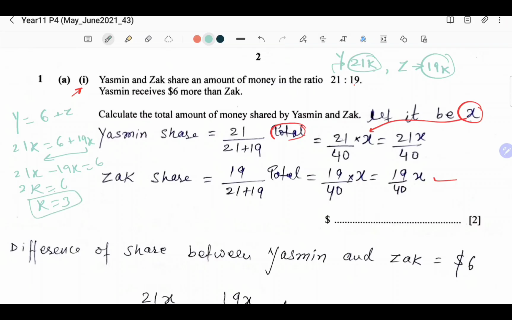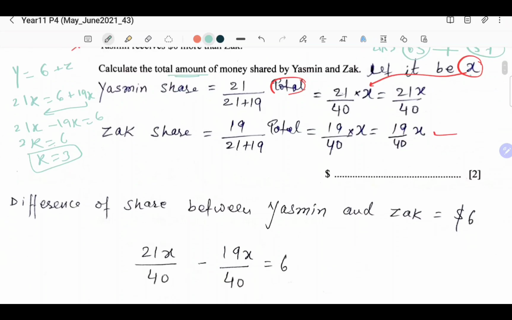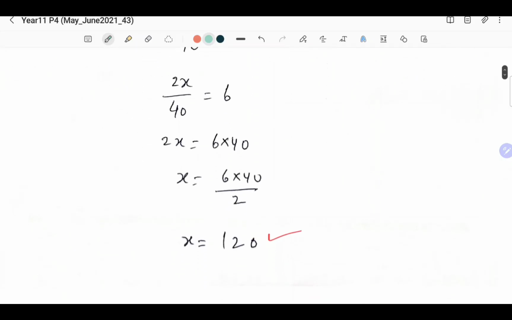Understood? So when K is 3, multiply 21 times 3, that is 63, and this is 19 times 3, so 57, right? Our question was to find the total amount of money, so just add these two. 63 plus 57, that is 120. Okay, so that is another method.